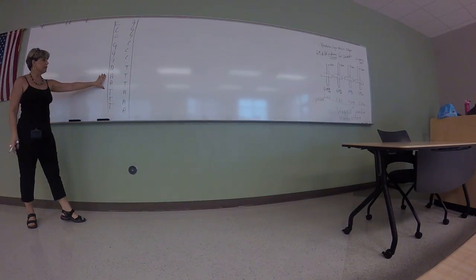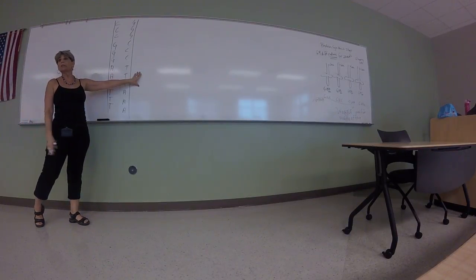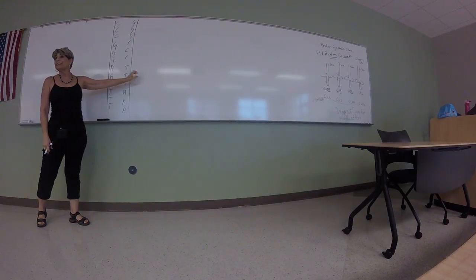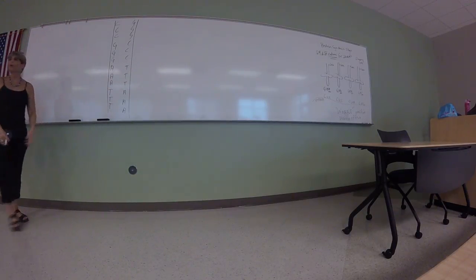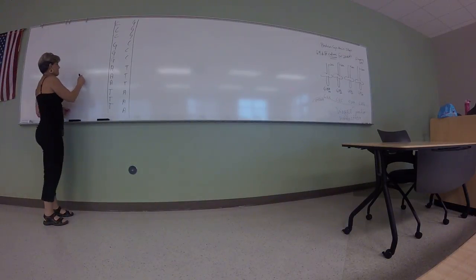My sense strand, or my template strand, my antisense strand or my complementary strand, coding. Coding strand, template, coding. Okay. That's why I always went with sense and antisense. So wait, that one is sense.